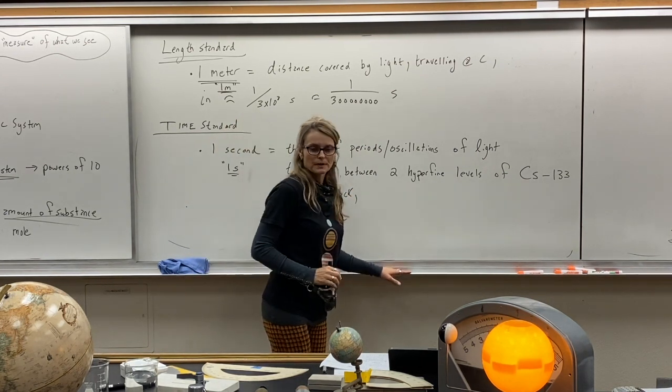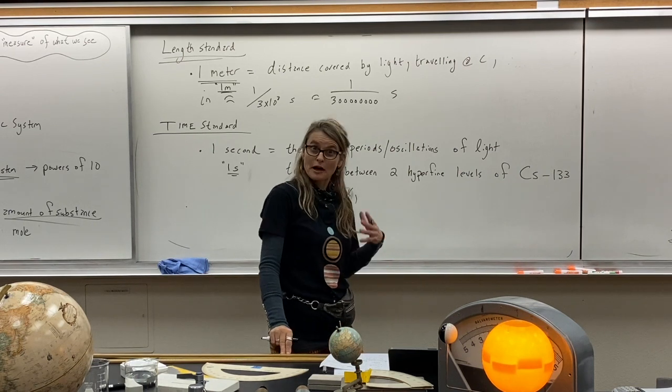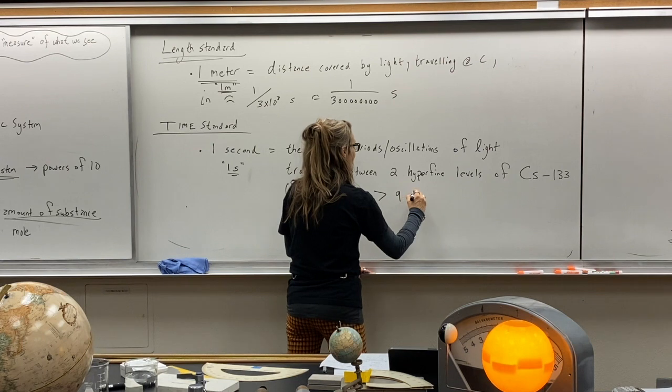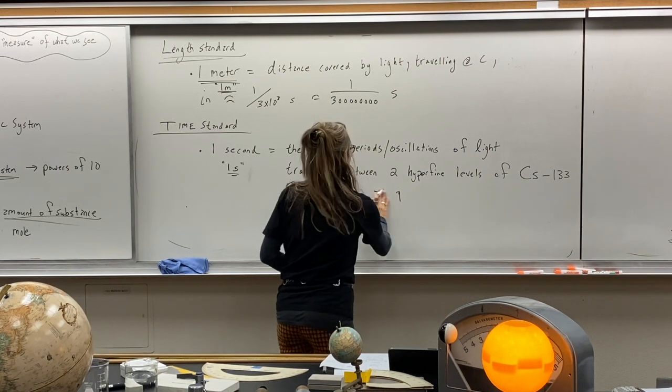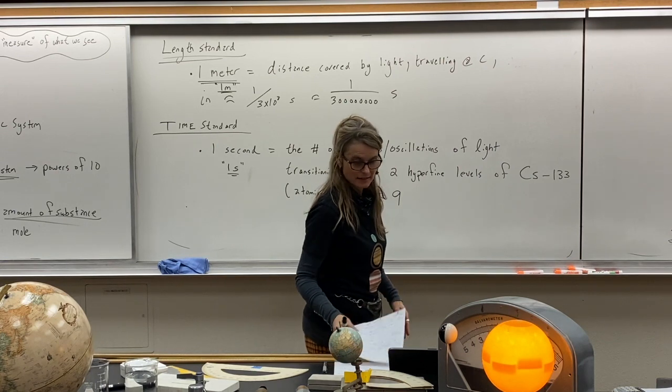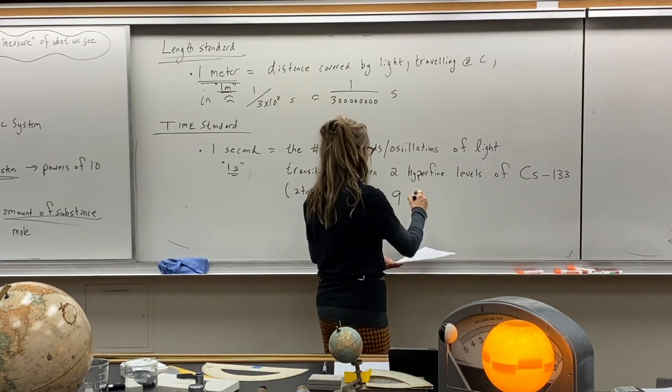I'm not going to give you the number. I guess it's out there, but it's over 9 billion oscillations. Well, let me go ahead and give you that number. I do like to be exact, but I'm going to transcribe it here.